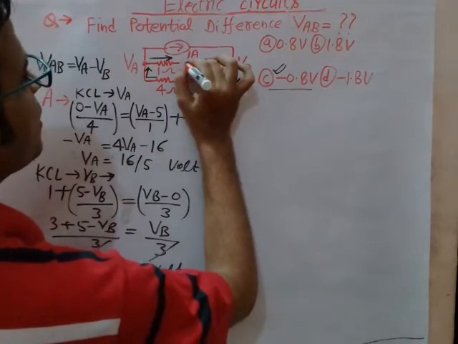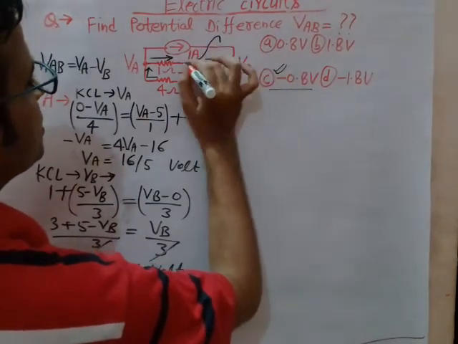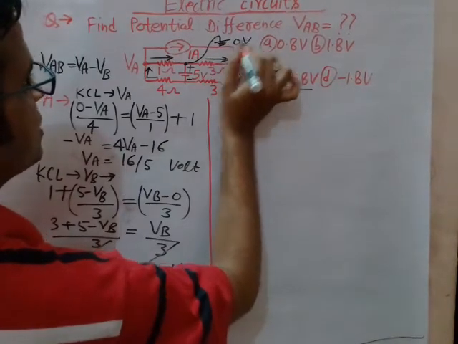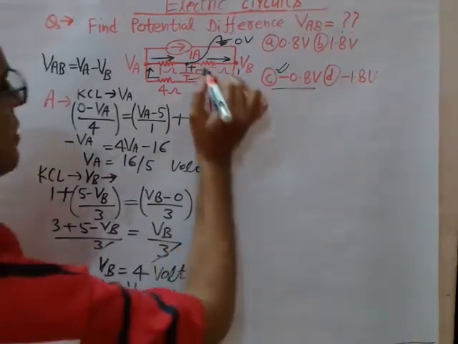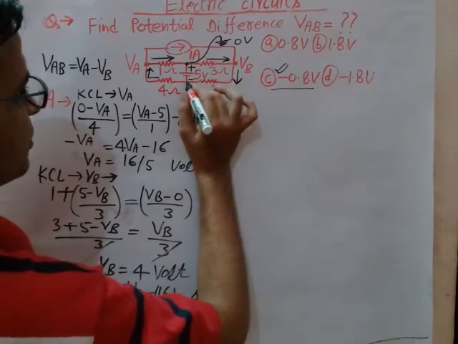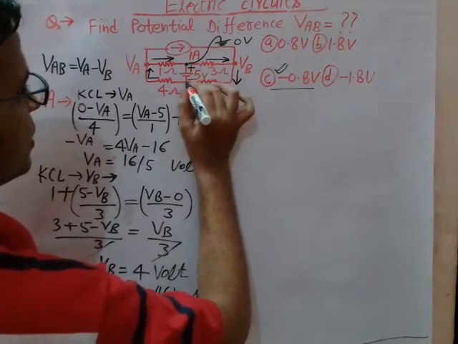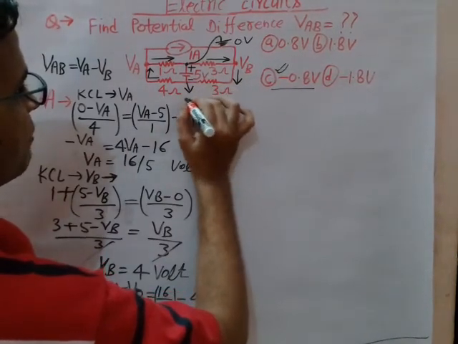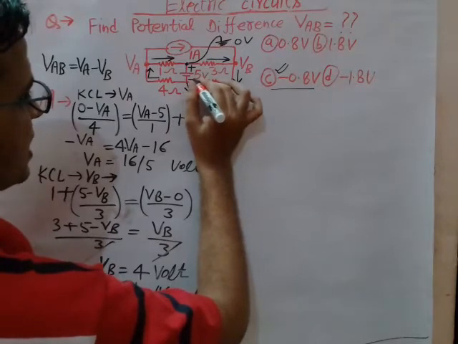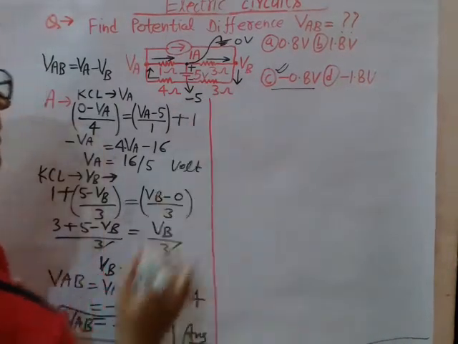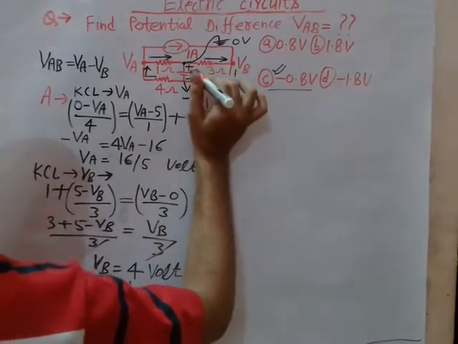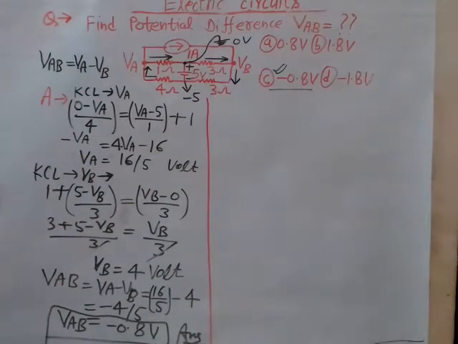With respect to this ground, the potential of this node will be 5 volt lower, represented by the negative sign, so you will write minus 5. If you take this as 0 volt, then this will be at minus 5.